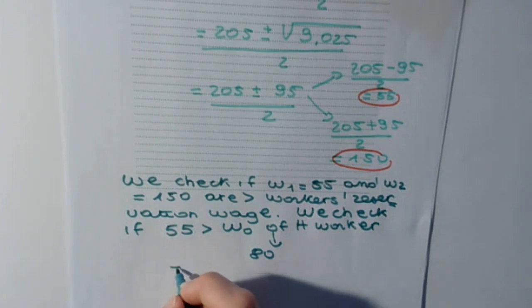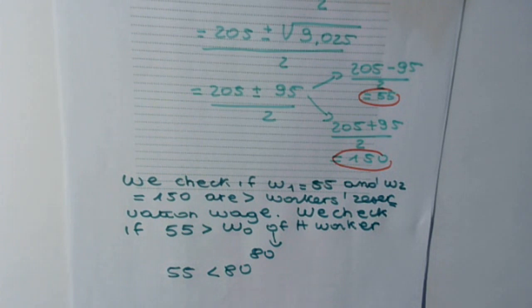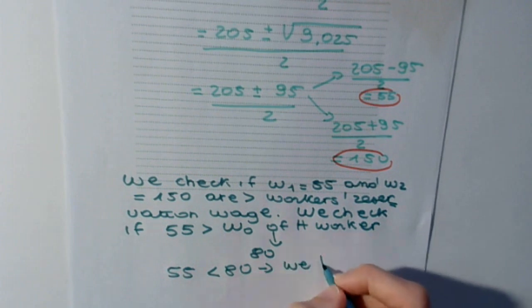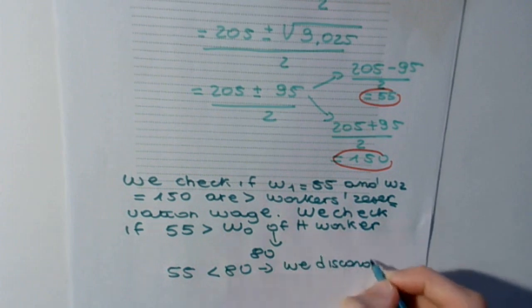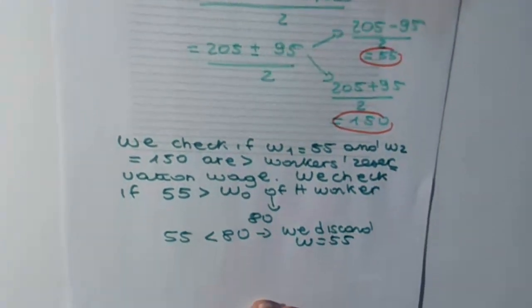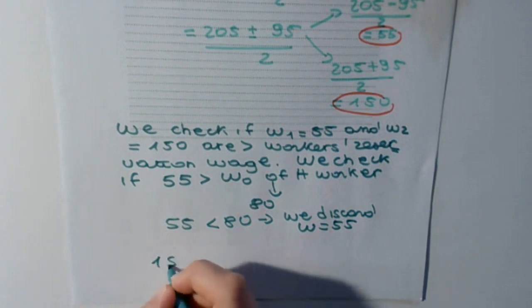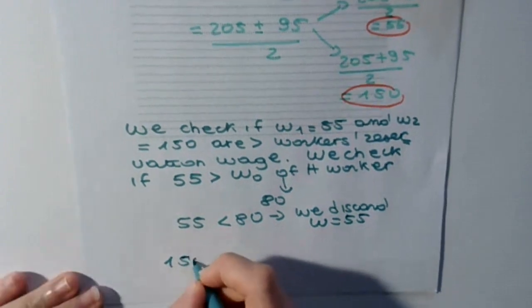But in this case, 55 is lower than 80. So we can't consider this value. This value will never be accepted, okay, as a wage. So we discard the wage equal to 55. Let's see the second one. The second value is a wage equal to 150.